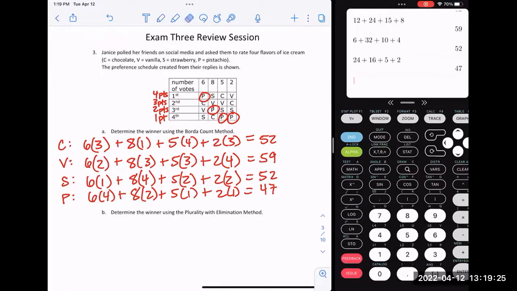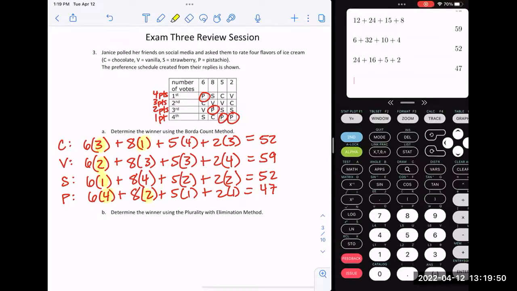What I can see here is that all of these columns should all have the same first number. So this is just a quick way to check that I've done this correctly. And then I should also see that in every column, because I lined this up this way, there should be a 1, a 2, a 3, and a 4.